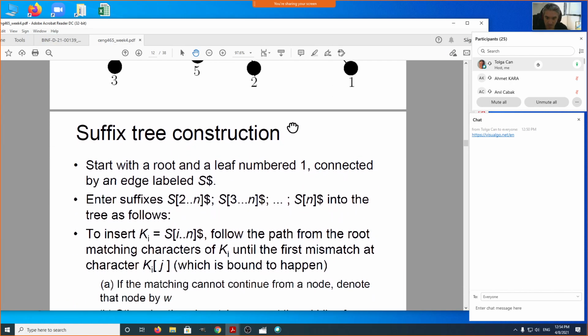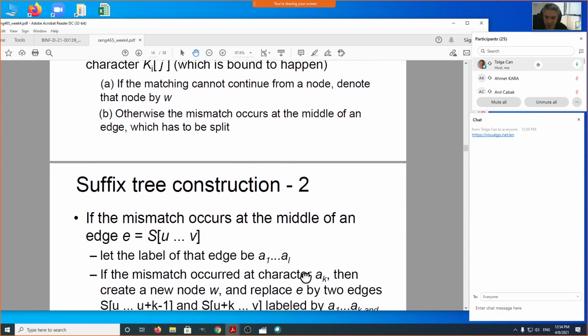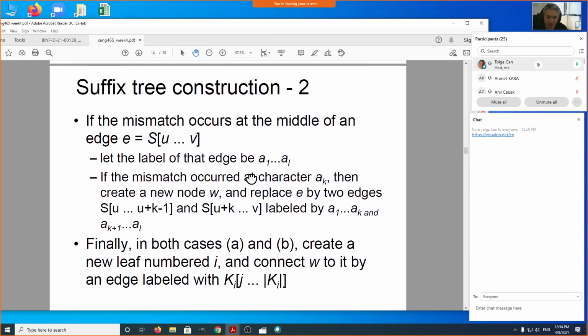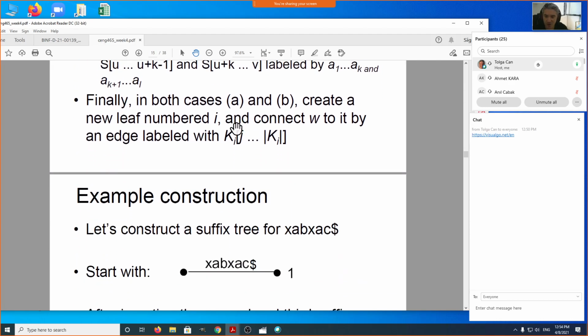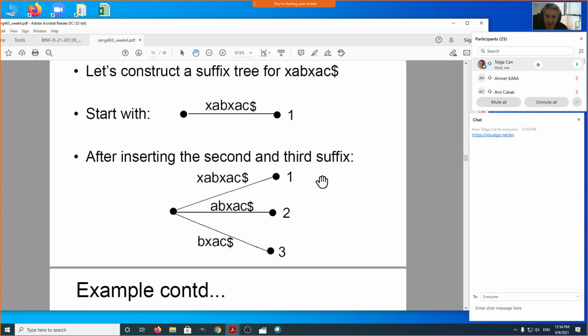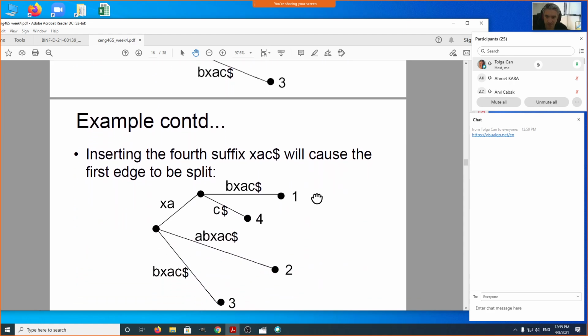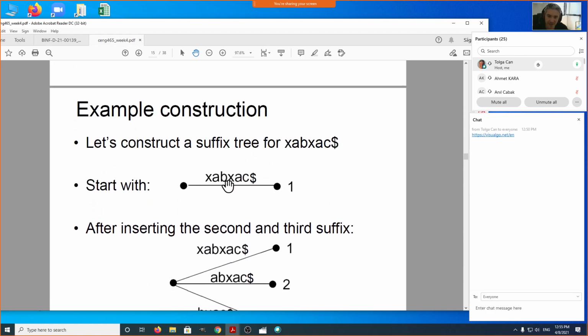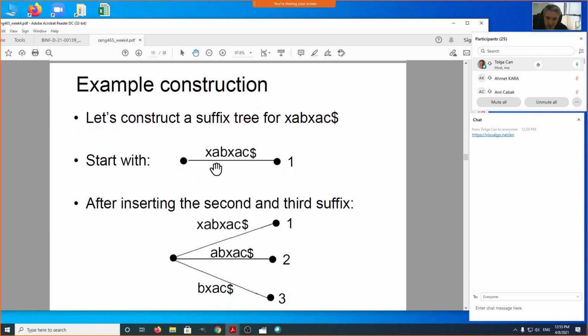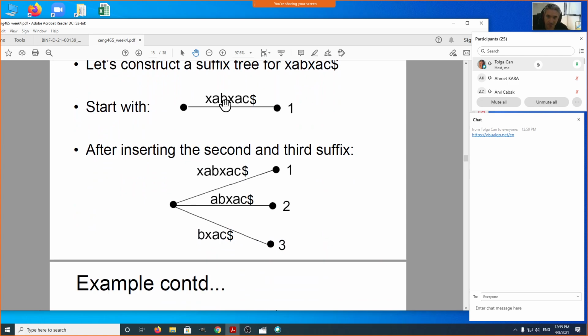Let's continue. We have talked about the construction algorithm. This is a more formal description of that construction algorithm. But the example construction, I'm going to skip this part. Or yeah, we can. If you look at this XAB, XAC dollar, if you're going to insert this, we start with the first suffix. The second and third suffixes can be inserted directly because they each start with different letters.